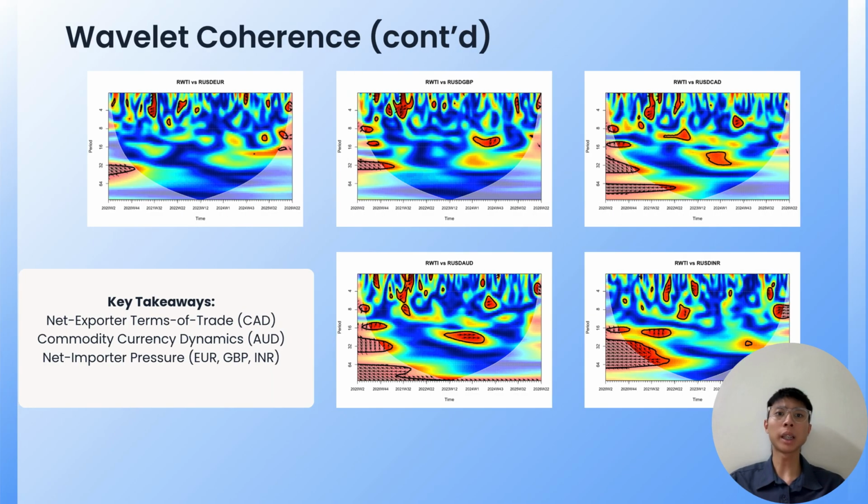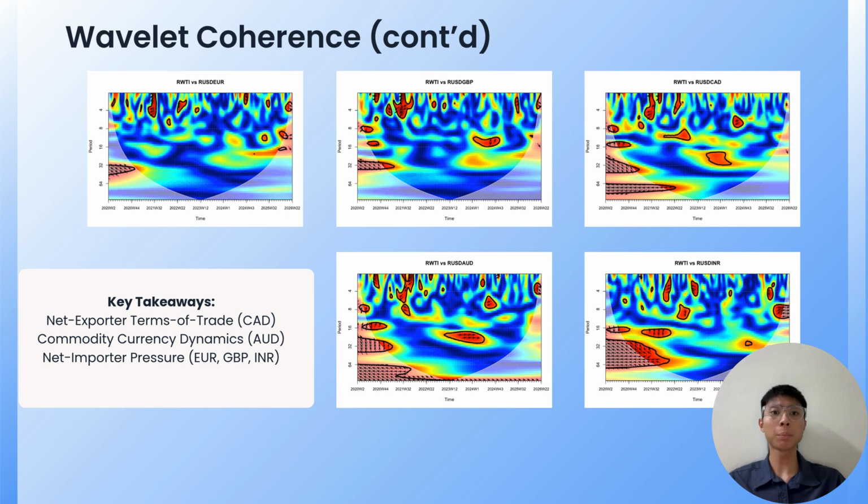So wrapping up the data estimation and interpretation part, we see how wavelet coherence clearly captures both trade fundamentals and macroeconomic safe haven shocks. For net exporters, Canada exhibits sustained negative co-movement over the long run, confirming that rising oil prices improve the terms of trade and appreciate the Canadian dollar against the US dollar.